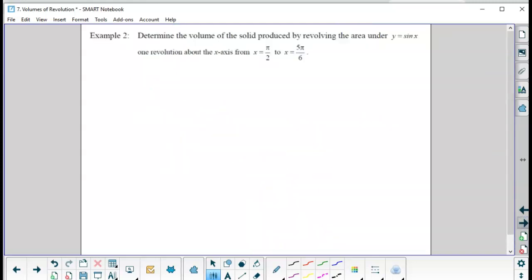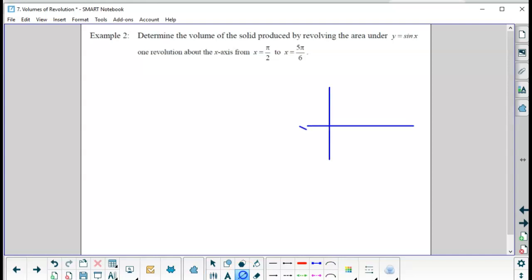So, determine the volume of the solid produced by revolving the area under y equals sine x, 1 revolution about the x-axis from pi over 2 to 5 pi over 6. So, there's that. We go like this. And we used blue, let's go red.